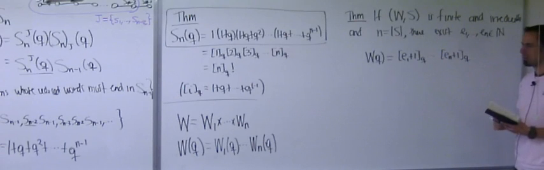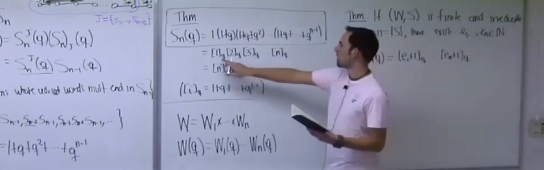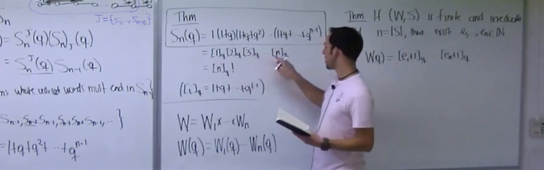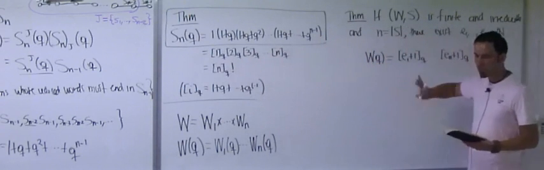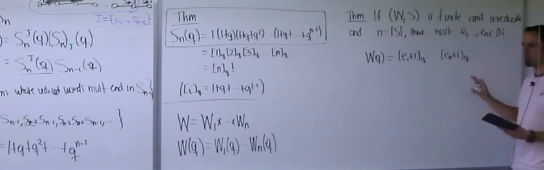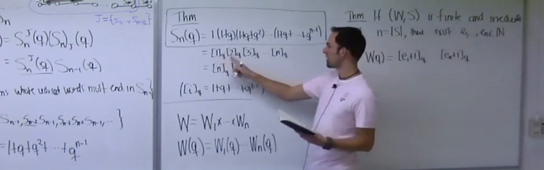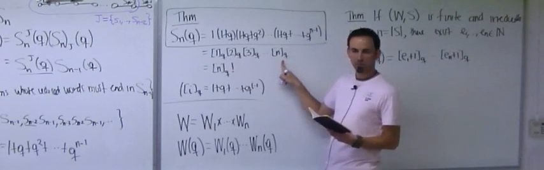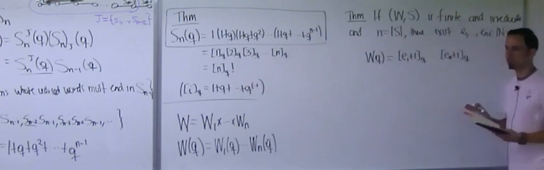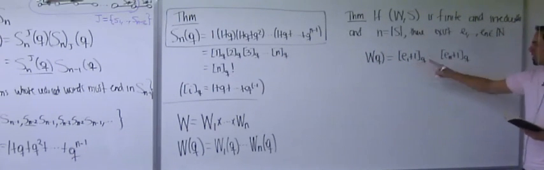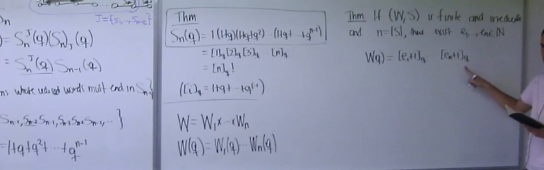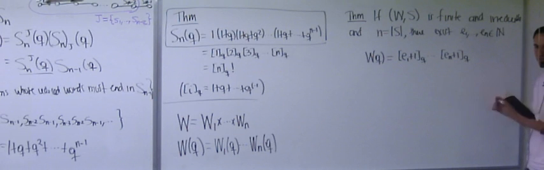This one is 1 sub q times 2 sub q times 3 sub q up to n sub q. If you pick any other finite Coxeter group and you compute its Hilbert series, then these numbers 1, 2, 3 up to n are going to change, but the form of the formula is not going to change at all. It's just a product of q analogs of integers. This is an amazing theorem.